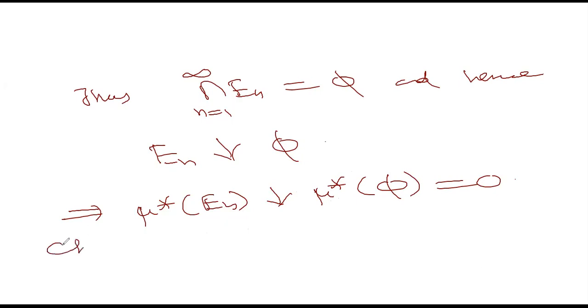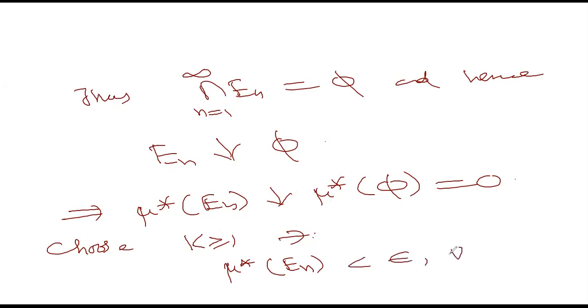We can choose k greater or equal to 1 such that mu star of En minus 0, since the limit is actually 0, will be less than epsilon for all n greater or equal to k, because the limit of mu star of En is 0. So it's a positive sequence and the limit is 0.